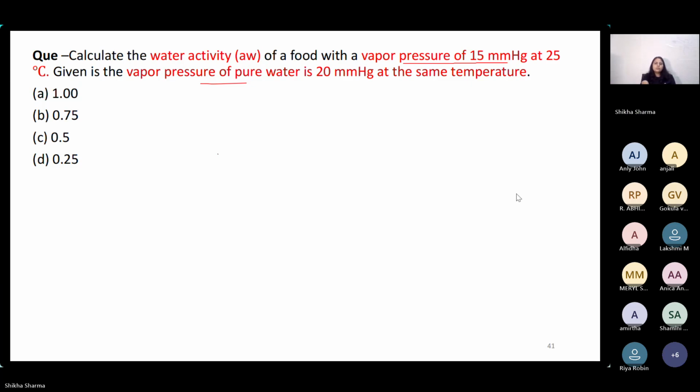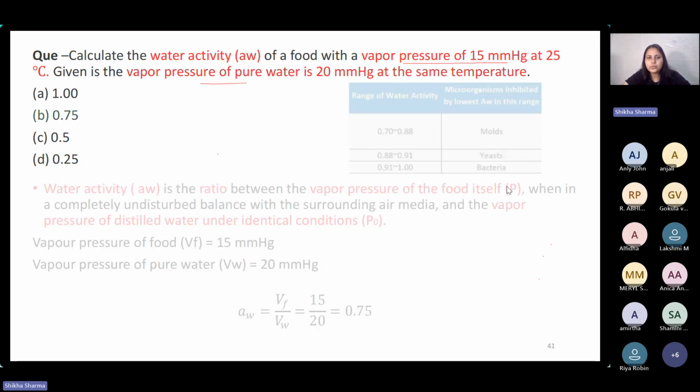Anyone who is solving this question? Okay, let's solve this question.